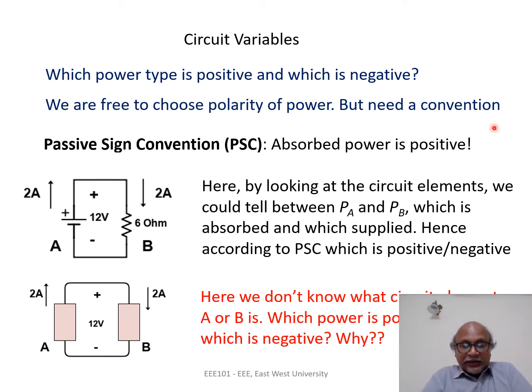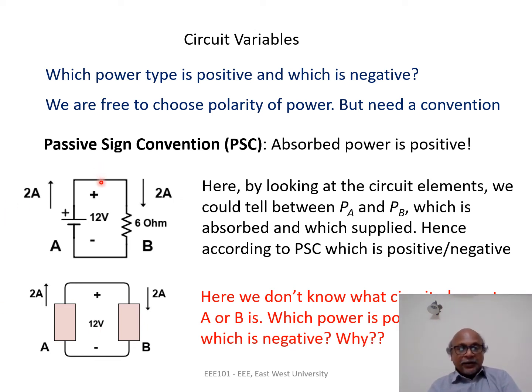When I represent a circuit element by a rectangle, it means that we do not know what type of circuit element the rectangle is. It can be a resistance, it can be a battery, it can be something else. We do not know. Now the question is, in this circuit, the bottom circuit, which power is absorbed or positive and which power is supplied or negative?